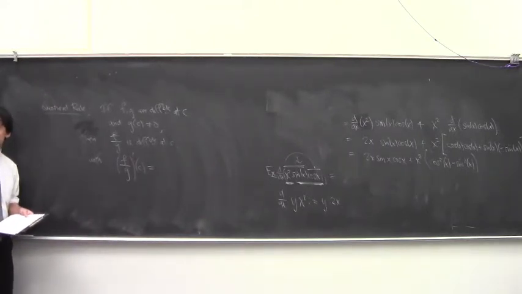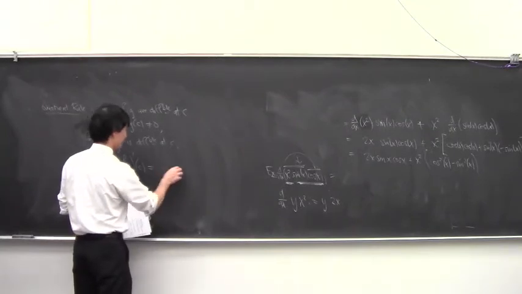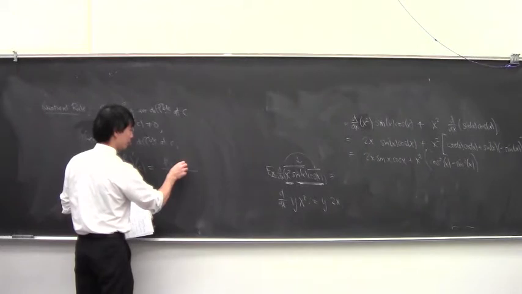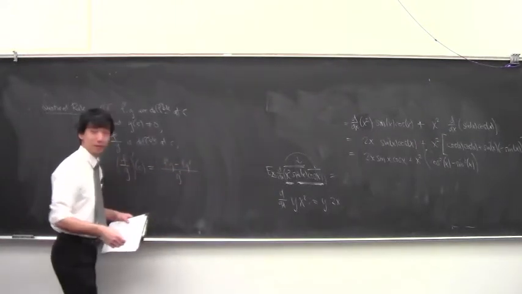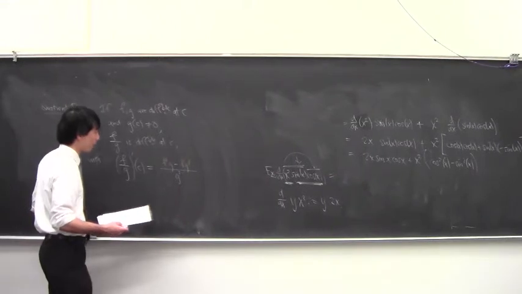Is it f prime g minus f g prime over g squared? F prime g minus what? F g prime, over g squared. Bottom times the derivative of the top minus the top. Yes, that's right.